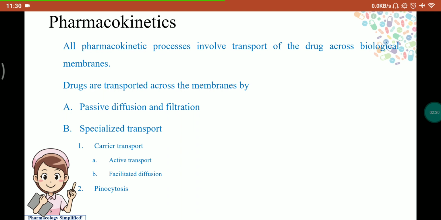Active transport requires transfer of drug against a concentration gradient, whereas passive transport requires no energy. Without energy, it moves across the membrane. And there is specialized transport, in which carriers, that is, some sort of receptors, are present, and then pinocytosis. Now we are going to see them.